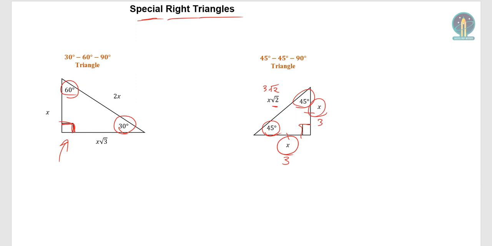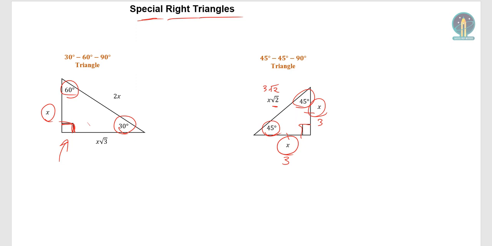For this triangle, the leg opposite to the 30-degree angle is half the hypotenuse. So we could say the hypotenuse is twice the leg that's opposite 30 degrees.